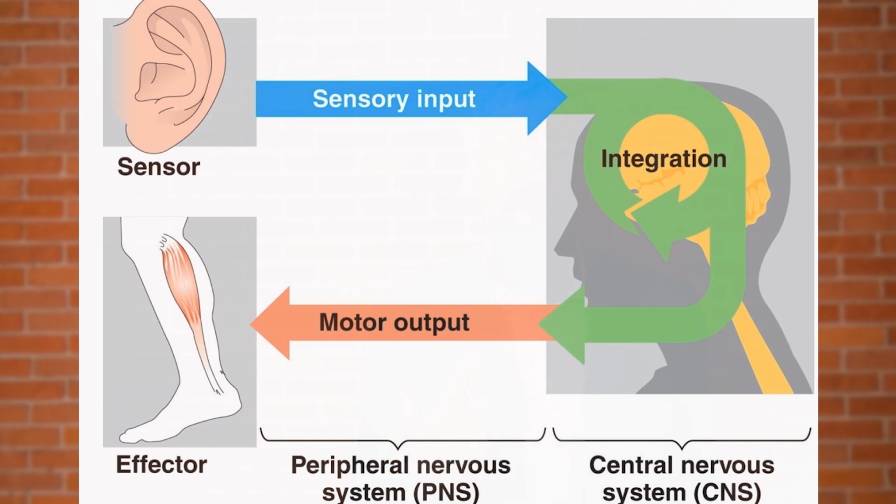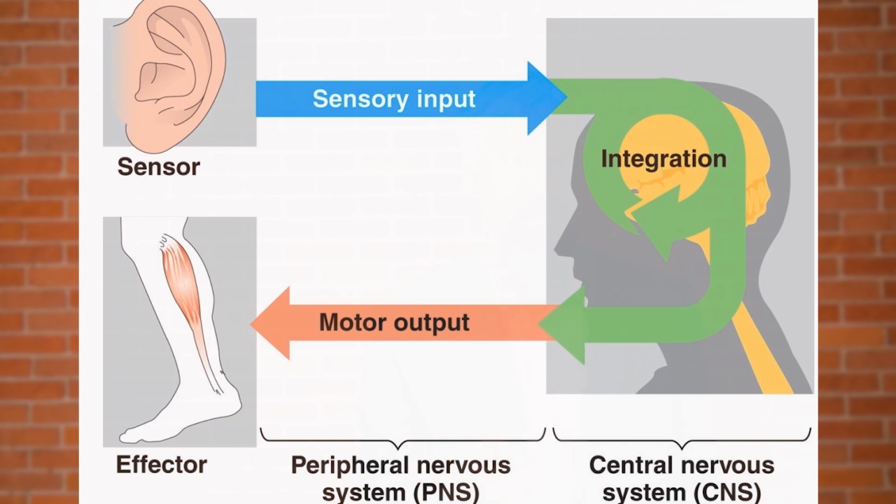That sensor cell will then interact directly with the sensory neurons, conveying that information to the central nervous system. Once it gets to the central nervous system, you have some level of integration that goes on, which then takes that information and sends it out in terms of response, for example, to the motor neurons. Those motor neurons would then go through to the muscles to convey some type of response.